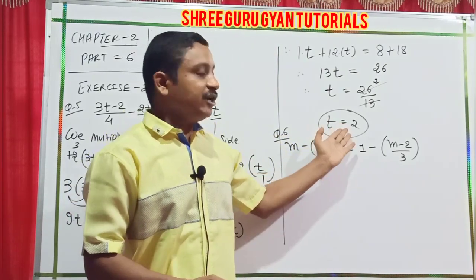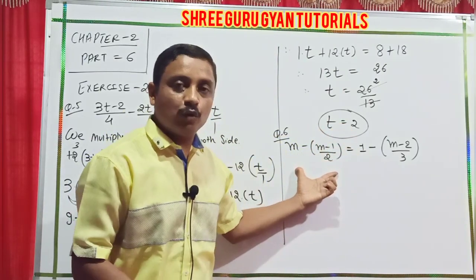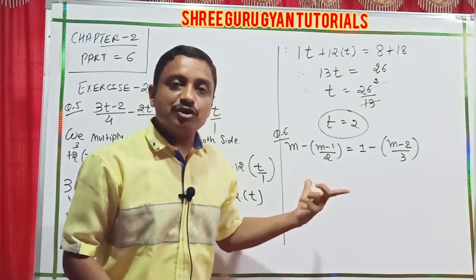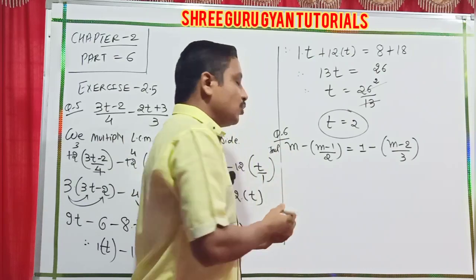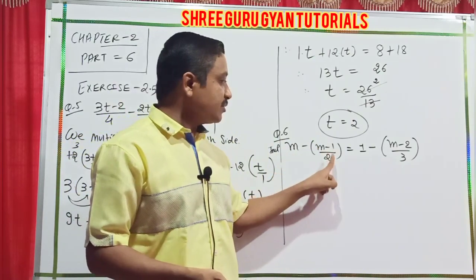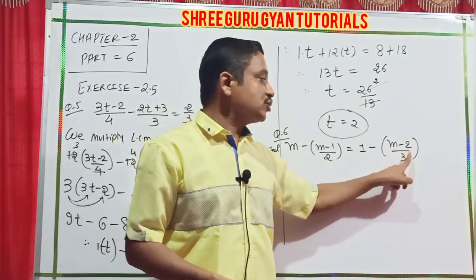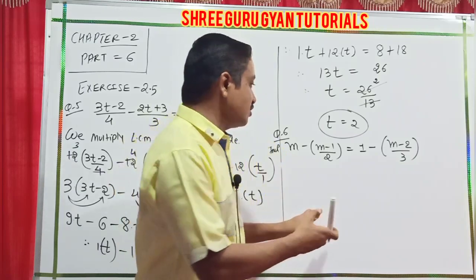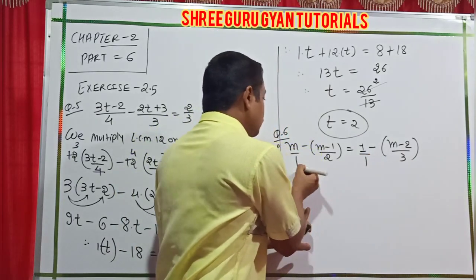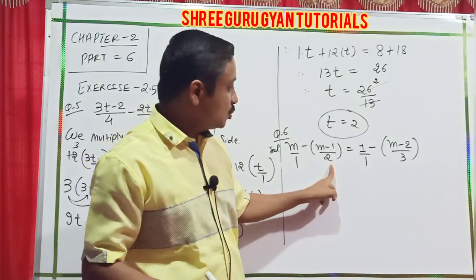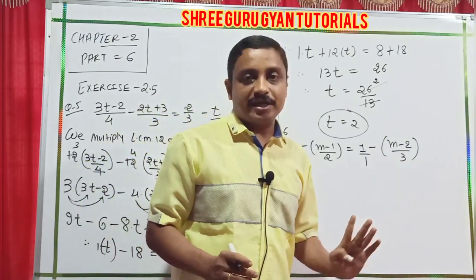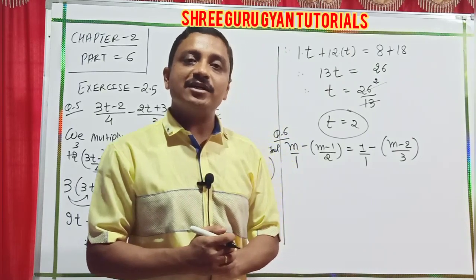Students, after finding t equal to 2, I move ahead to question number 6. This question is also important for exam level. The question is (m minus 1) by 2, 1 minus (m minus 2) by 3. Students, here you just take out 1 and take the LCM of 1, 2, 1, 3. Yes, I hope you understood, the LCM is 6.